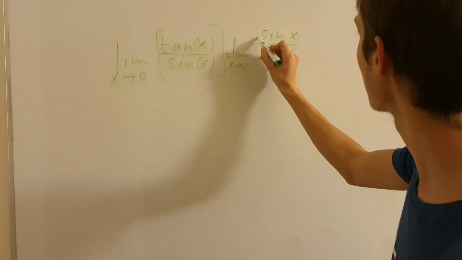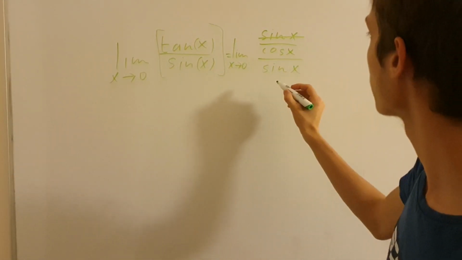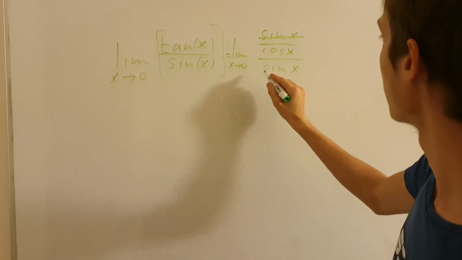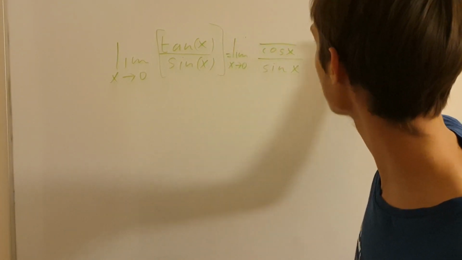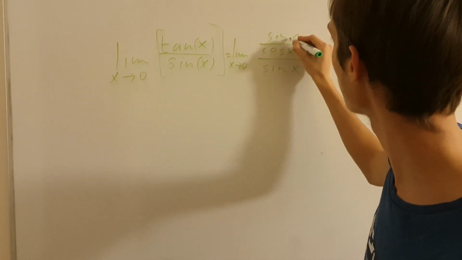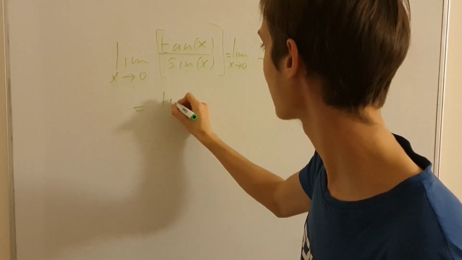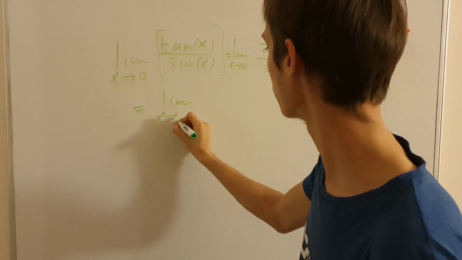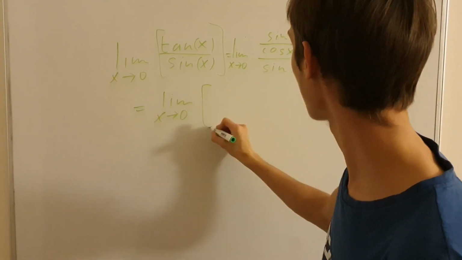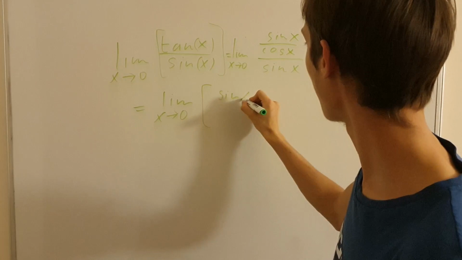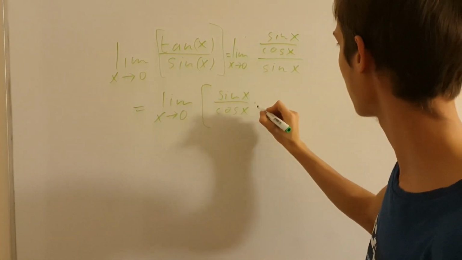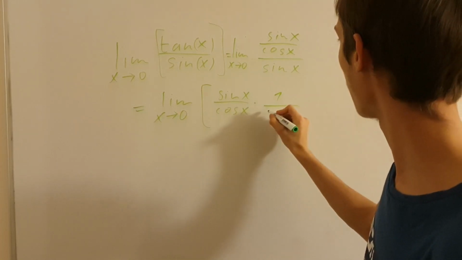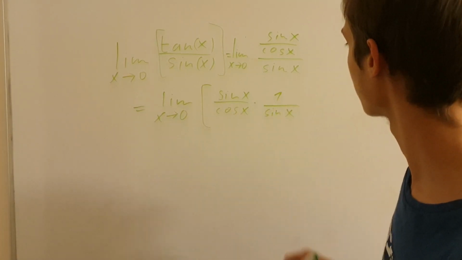And so this sine x can cancel out with this sine x. I won't write it like this, just for it to be a little more visible. I will rewrite it once again. So it is the same as the limit as x goes to 0 of this function, sine of x over cosine of x, and I'm just rewriting this algebraic expression in yet another way, times 1 over sine of x.